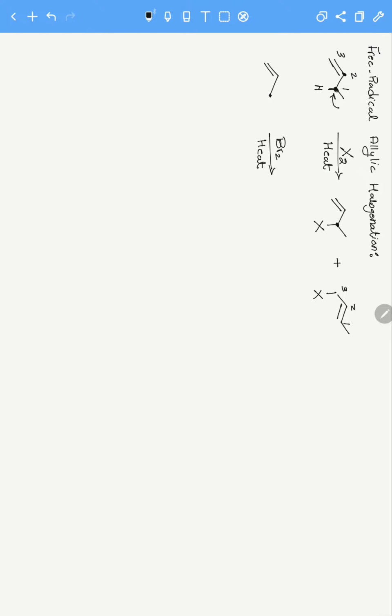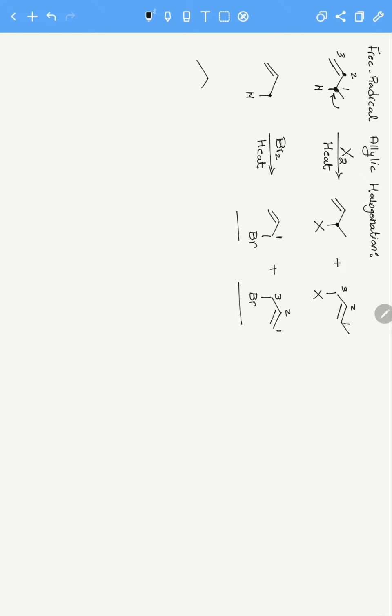So this will be the allylic position, and we have a hydrogen here. So now this is a first product, position 1, and then I will move the double bond to be between positions 1 and 2, and this will be at 3. Now in this case, of course, those two products are actually the same.